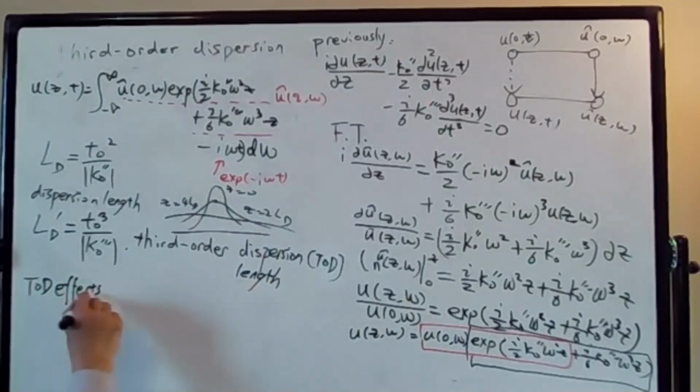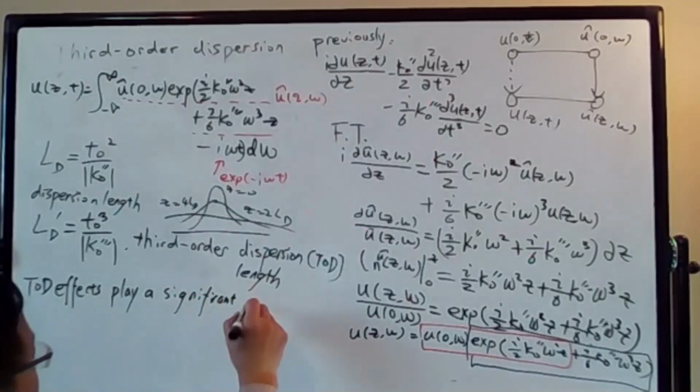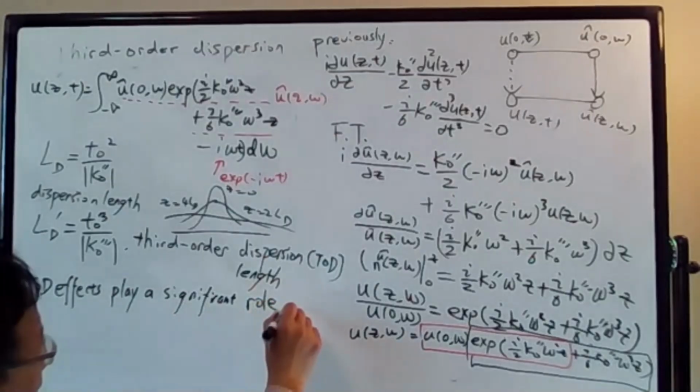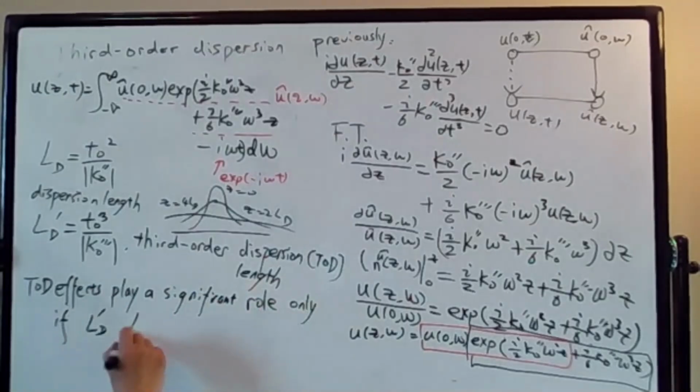Third order dispersion effects play a significant role only if LD prime and LD... So do you think LD prime is greater than LD or less than LD?